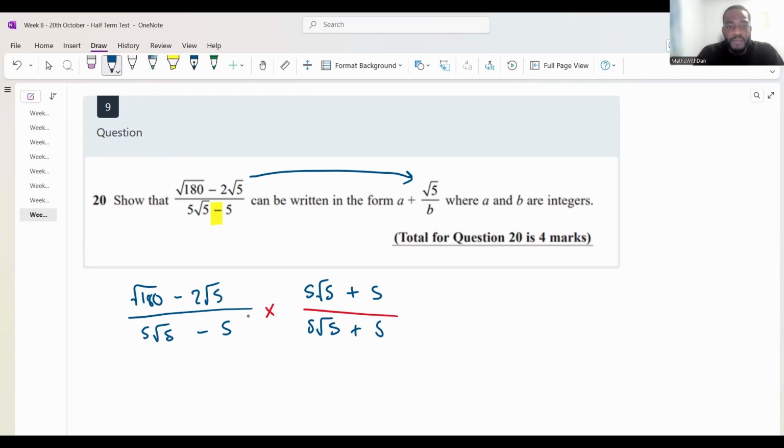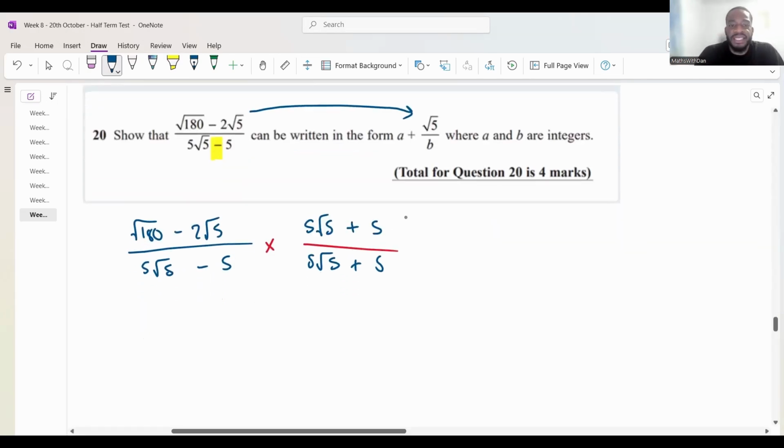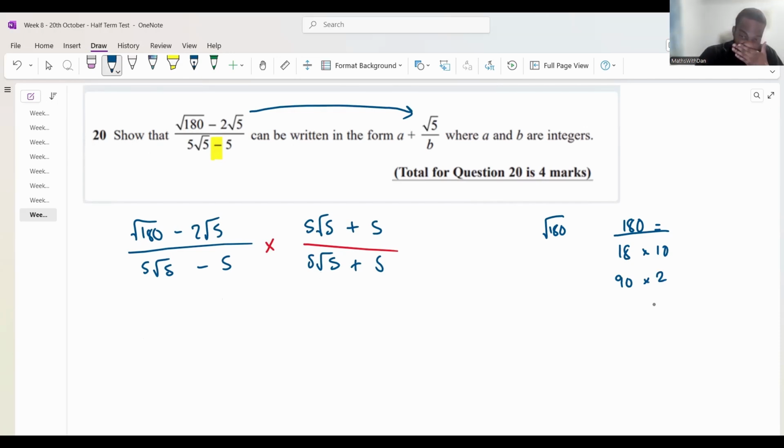So what I'm going to do first, though, is change that root 180. I've got the square root of 180. I want to simplify this first, right? So what can I use, guys? Remember, let's do factors. We've got 18 times 10. What else do we got? We've got 90 times by 2. What would be the biggest square number that I can choose here, do you guys think?